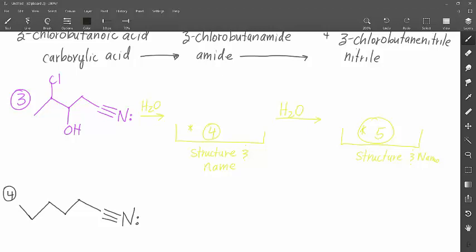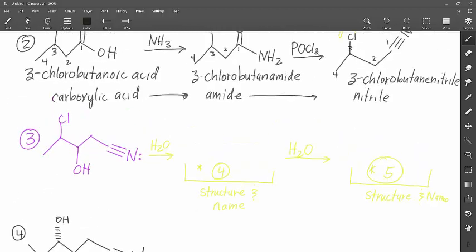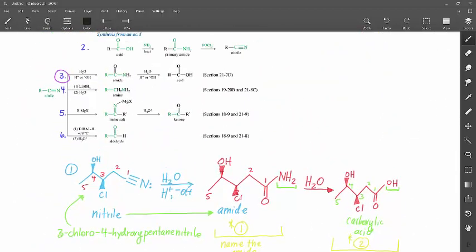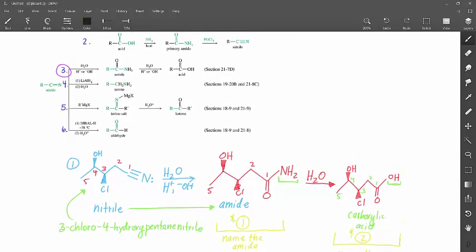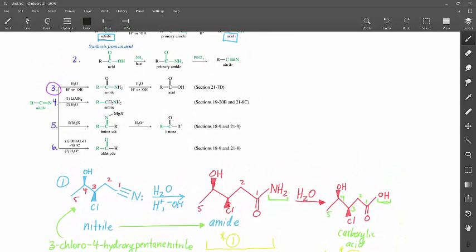So for 4, for reaction 4, I want that to be a reduction. When you reduce this, I'm going to give you an example of 4.